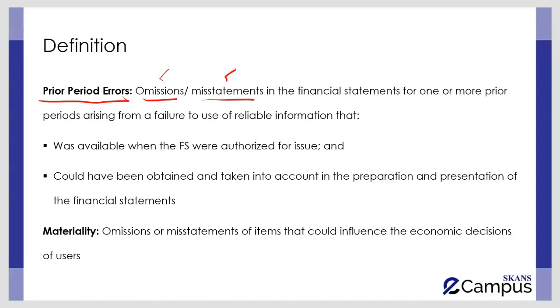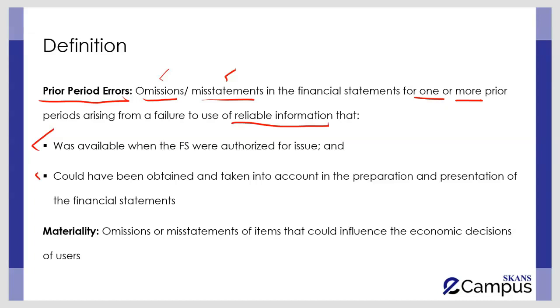So now the standard says that prior period errors are omissions and misstatements in the financial statements of one or more prior periods arising from a failure to use reliable information that was, number one, available when the financial statements were authorized for issue. So we knew it beforehand, or we were not able to identify it, but it was there in the business at that time.